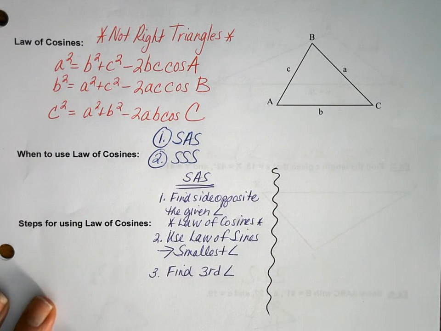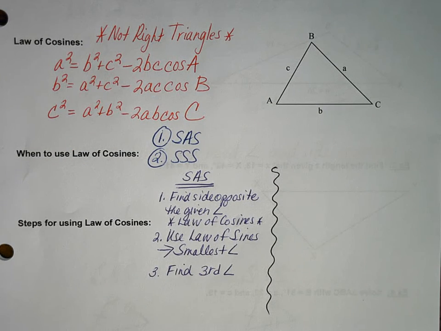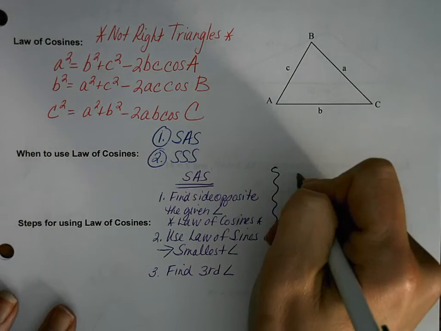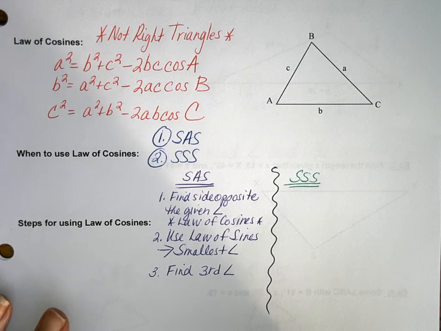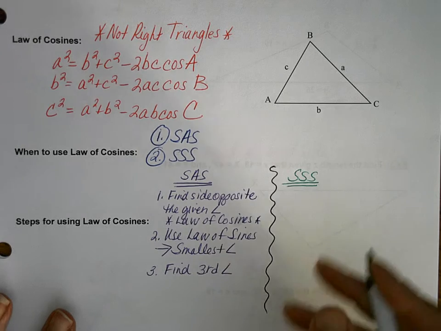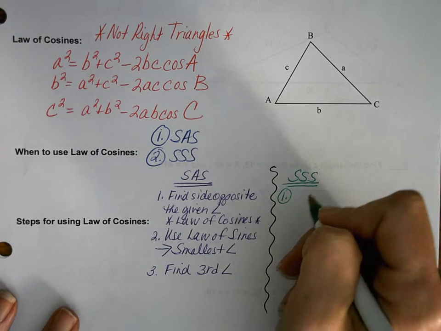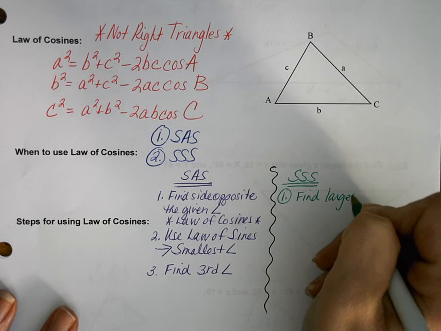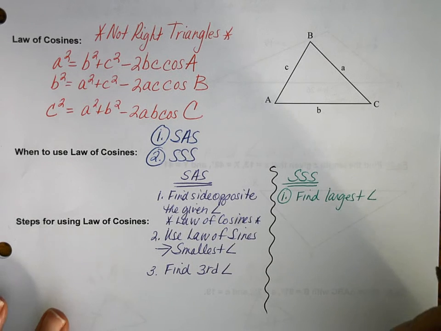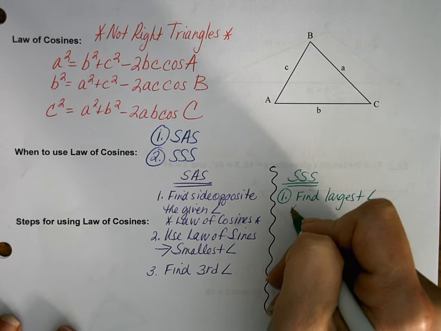All right. Let's say that I'm in a side-side-side situation. Obviously, to get started, I got to find an angle. I've got to be very picky, though. I want to make sure that I find the largest angle. I want to find the largest angle, and I have to use the law of cosines.